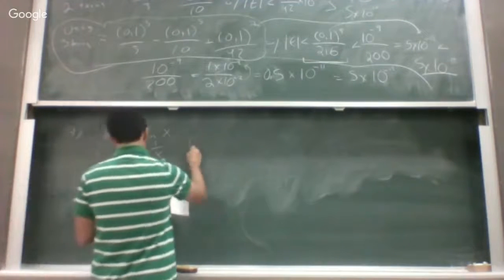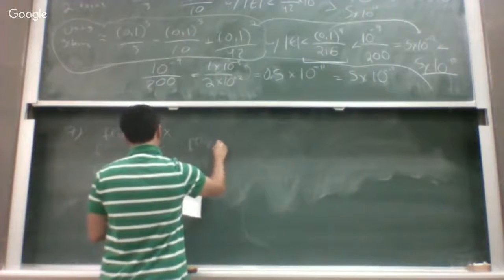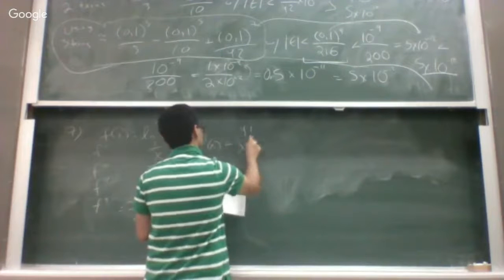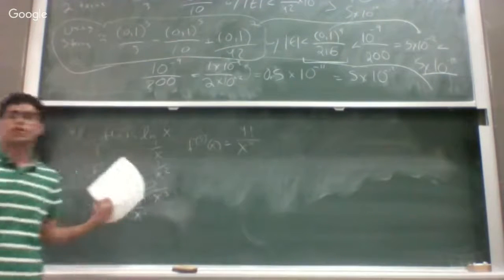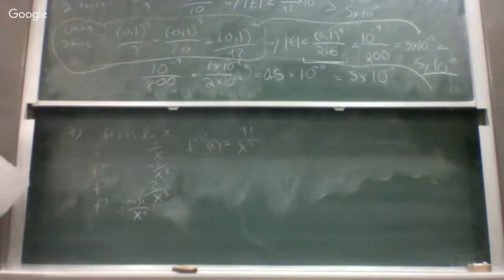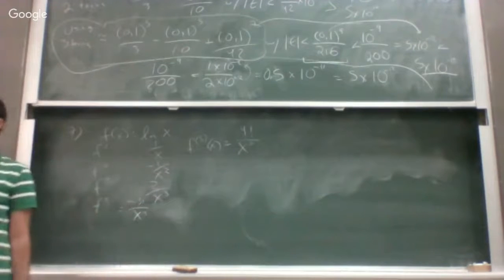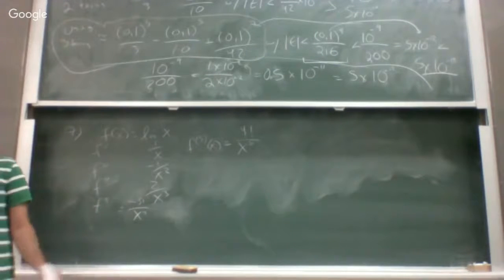And then f to the 5th, 4 factorial over x to the 5th. Did you all get that? Or do you want me to go over them? That's just doing the derivative continuously.